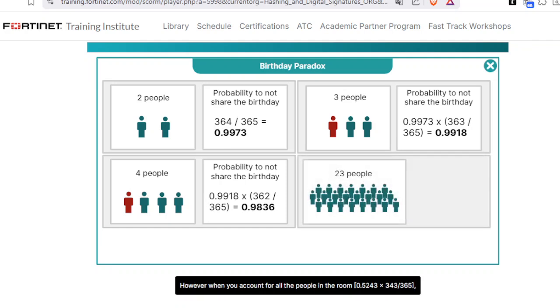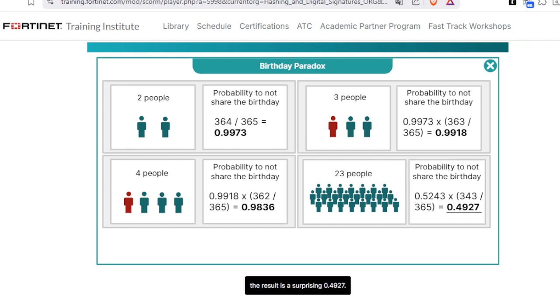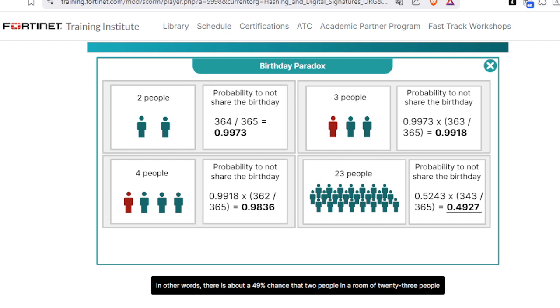However, when you account for all the people in the room, 0.5243 multiplied by 343 divided by 365, the result is a surprising 0.4927. In other words, there's about a 49% chance that two people in a room of 23 people will not share the same birthday, or a 51% chance that they will.